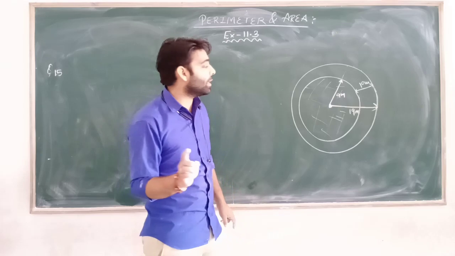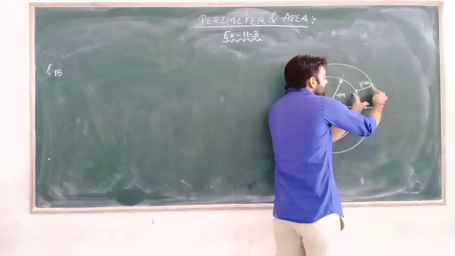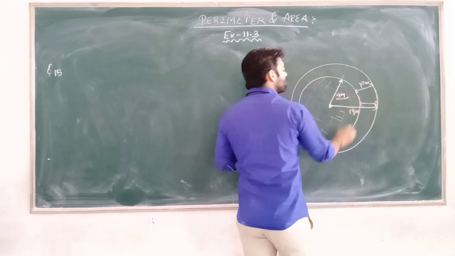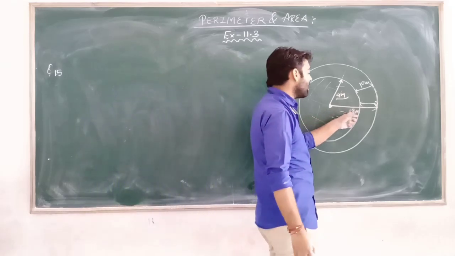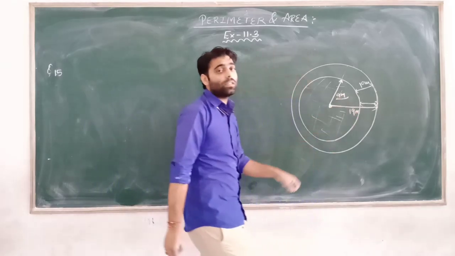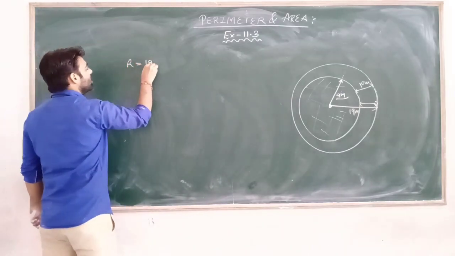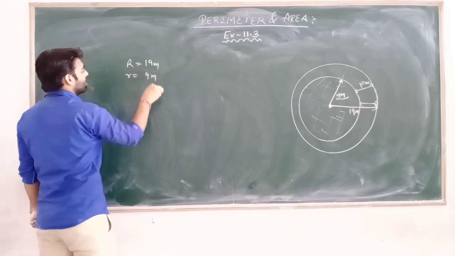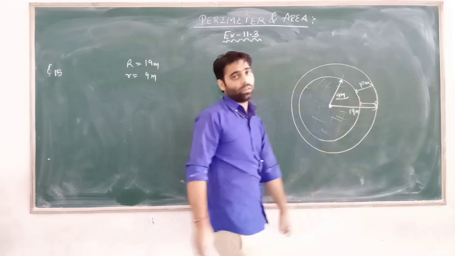We calculate the radius from the bigger circle by subtracting this 10 meter, and this will be the smaller radius. So 19 meter is the larger radius and 9 meter is the smaller radius. Capital R equals 19 meter, small r equals 9 meter, and the difference between these two is 10 meter.